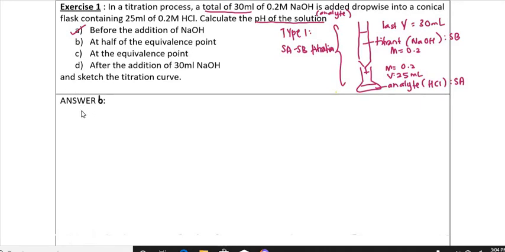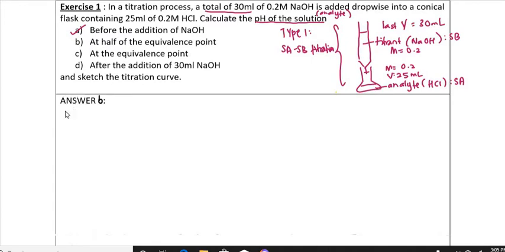So, first of all, you have to find for me the volume at half equivalent point. Volume what? Volume titrant. So I want to know what the volume of titrant is added to the analyte when the reaction in this conical flask reach half equivalent point.